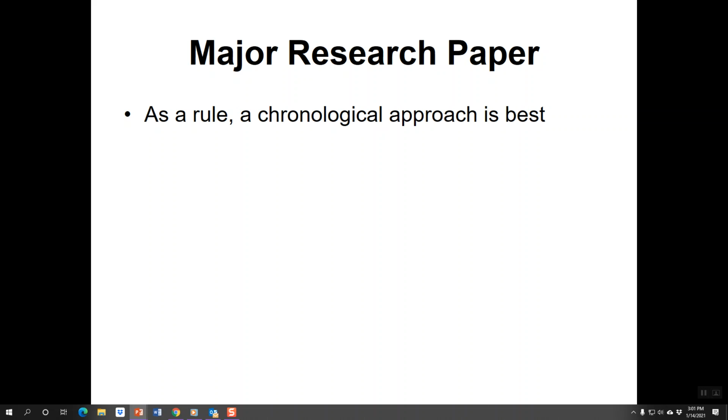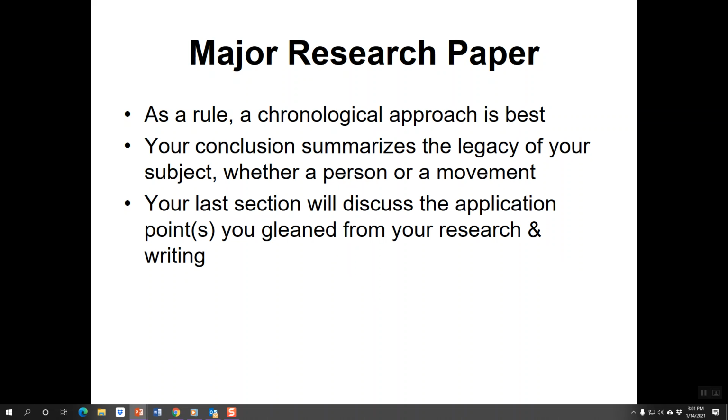As a rule, a chronological approach is best when you are writing a history paper. And then when you have finished writing the body of the paper on the person or the topic, end with a conclusion that summarizes the legacy of your subject, whether it is a person or a movement.